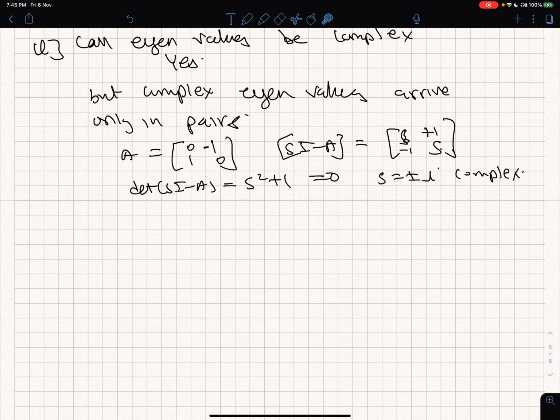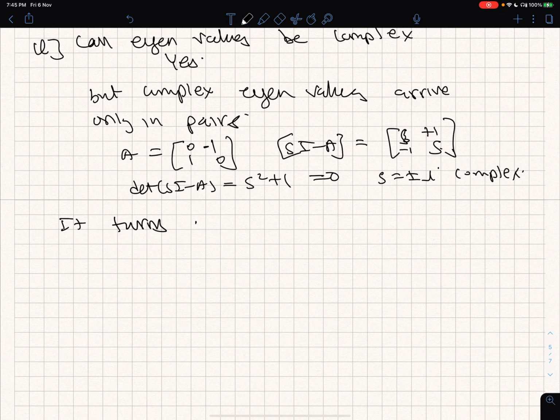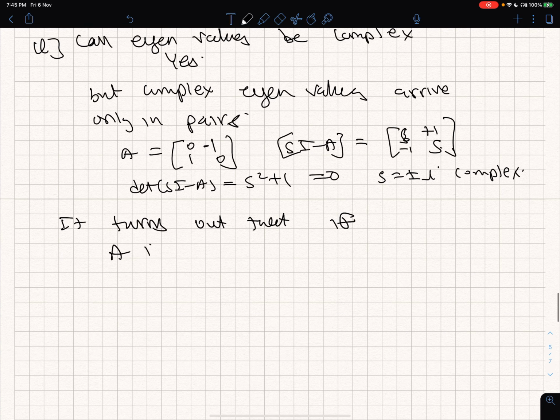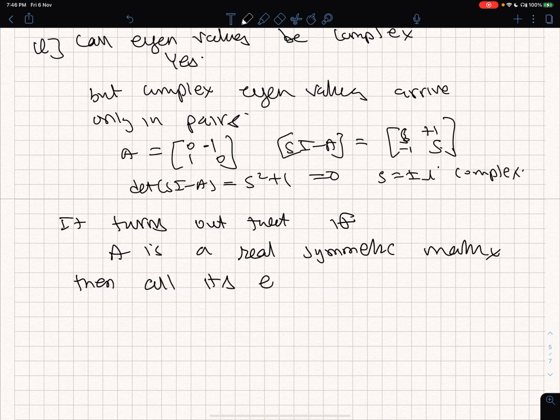It turns out that if A is a real symmetric matrix, then all its eigenvalues will be real.